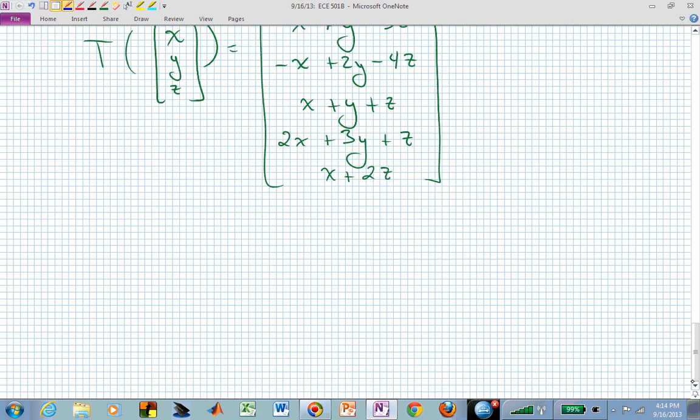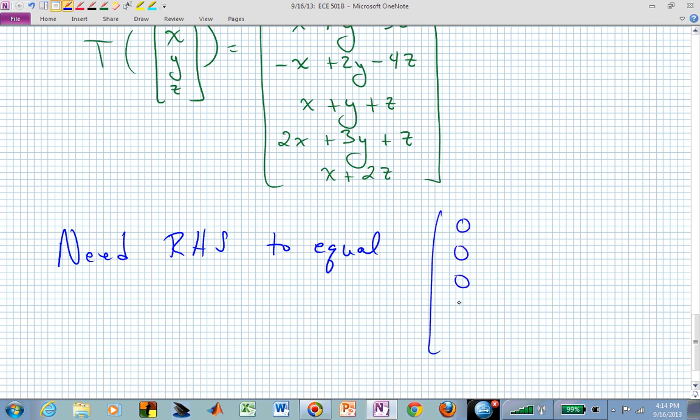So for the null space, we need the right-hand side, those relationships there, to equal this 0 vector in R5.